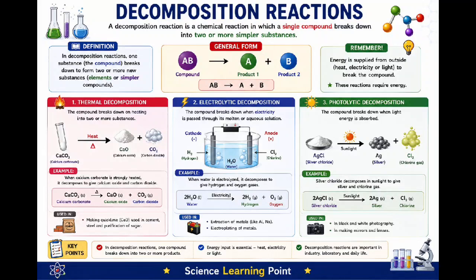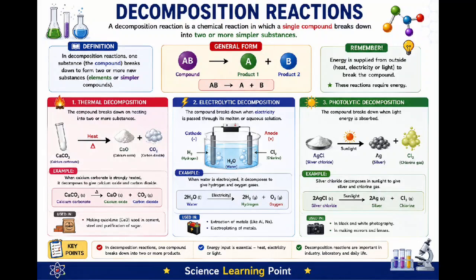A decomposition reaction is a reaction in which one compound breaks down into two or more simpler substances. So the general form is AB to A plus B. This means one reactant produces two or more products. However, decomposition reactions do not happen on their own. They require energy in the form of heat, electricity or light.